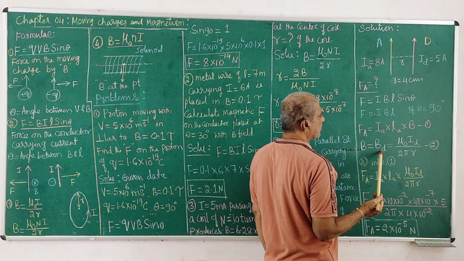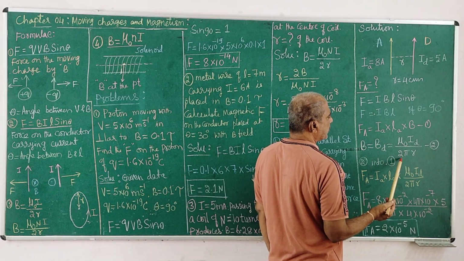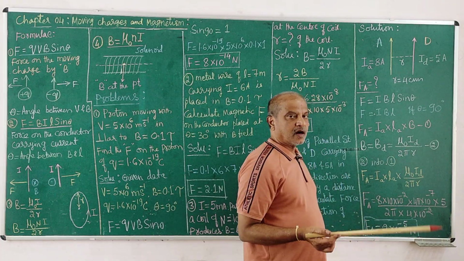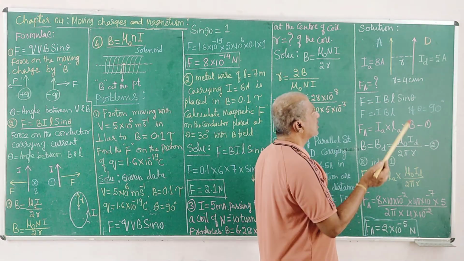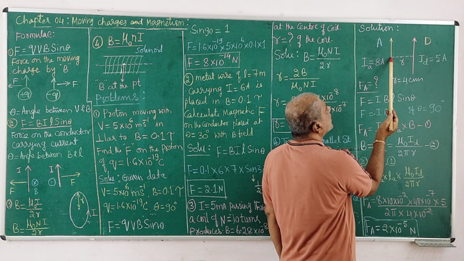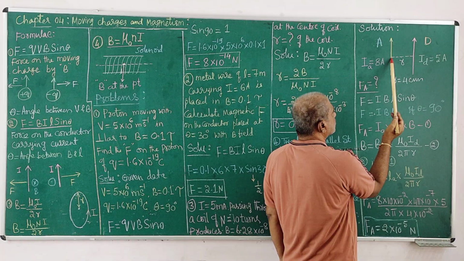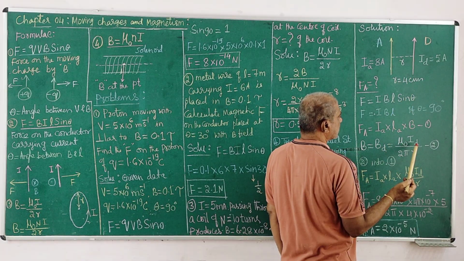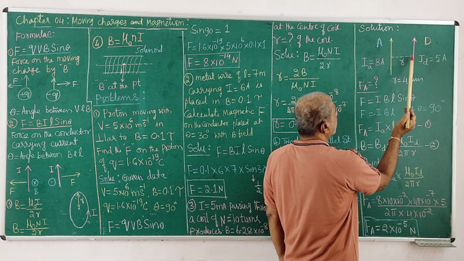B equals BD, given by the equation mu naught ID divided by 2 pi r. It is in accordance with Biot-Savart's law or Ampere's circuital law. At this point, what would be the amount of magnetic field induced by this conductor? It depends on the current in the conductor and r, the distance of separation between the point and the conductor.